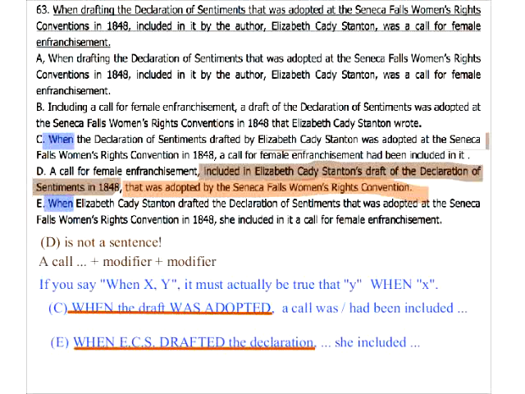Well, that's actually when she did it. This is precisely the time when she included the call, is when she drafted the declaration. That's exactly when she did that. So, right.